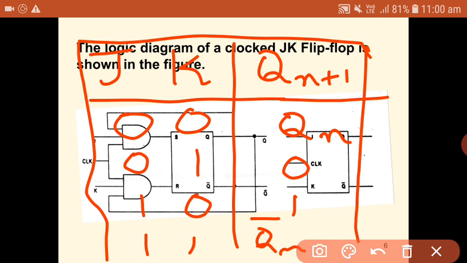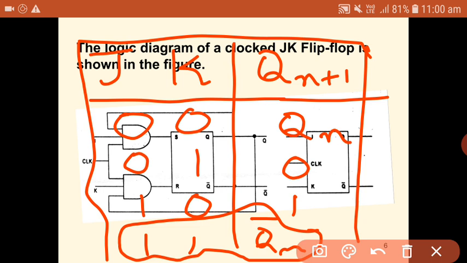There is only a small difference between the truth tables of the SR flip flop and the JK flip flop. All the other three combinations are the same as that of the SR flip flop. That's why the JK flip flop is nothing but a refined SR flip flop.